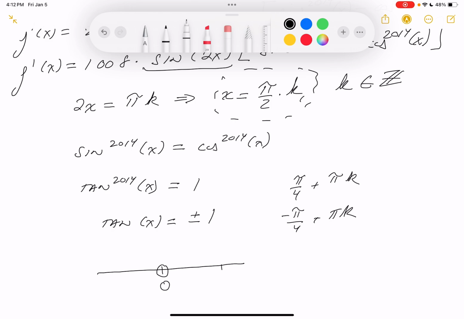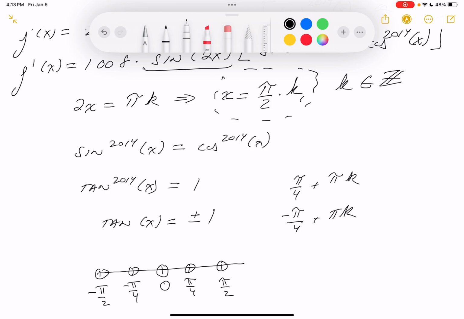It could be pi over 2. These are the critical numbers. It could be minus pi over 2. You get the idea. It goes on forever. I'm not going to write them all down. Could be pi over 4. Could be minus pi over 4. And by the way, they keep repeating themselves, so I'm not going to do too much with that.